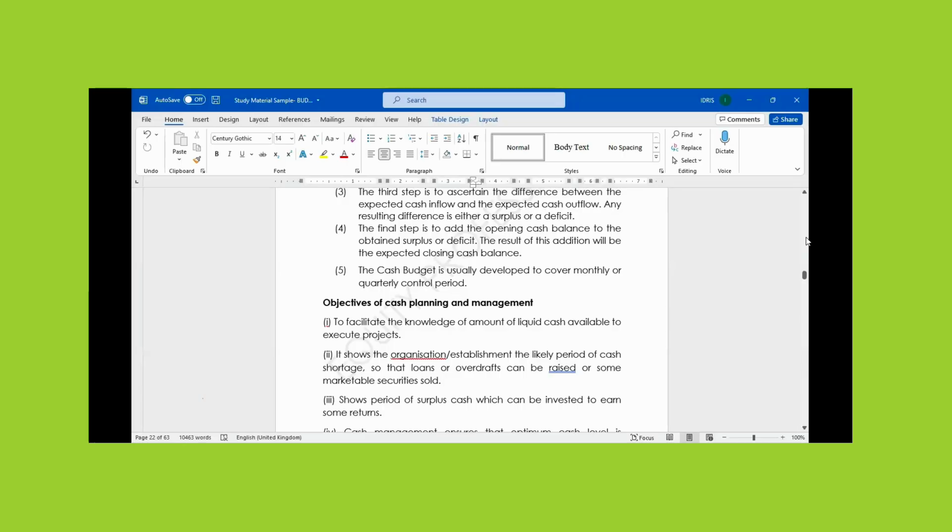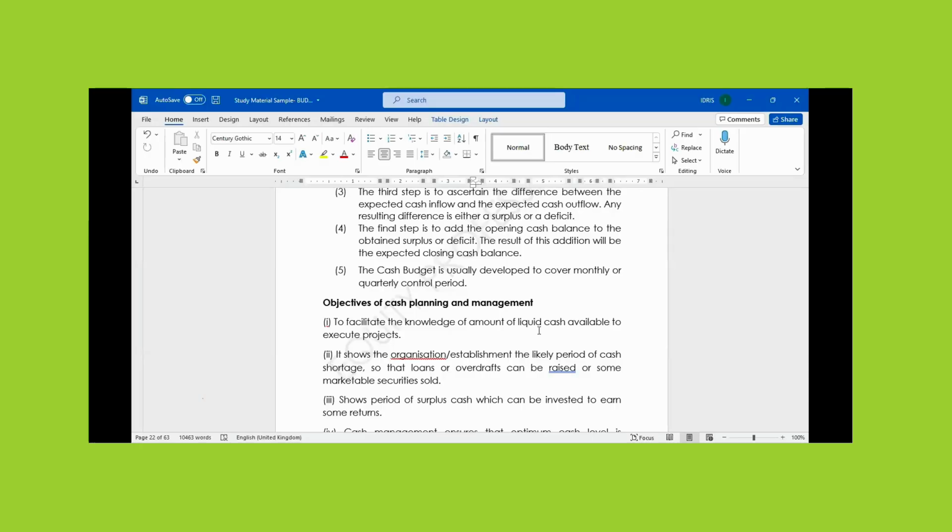Another objective of cash planning and management is to show the organization the likely period of cash shortage so that a loan or overdraft, or some marketable security, can be easily raised.